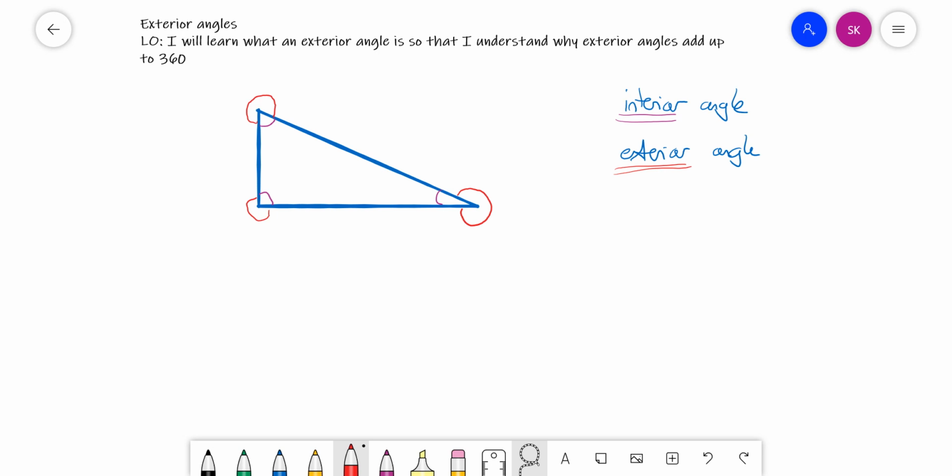Even though exterior does mean outside, that is not what an exterior angle is. An exterior angle is whatever you add to an interior angle to make it add up to 180. In other words, to make it look like they create a straight line.